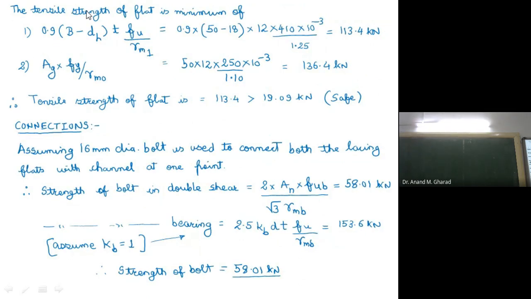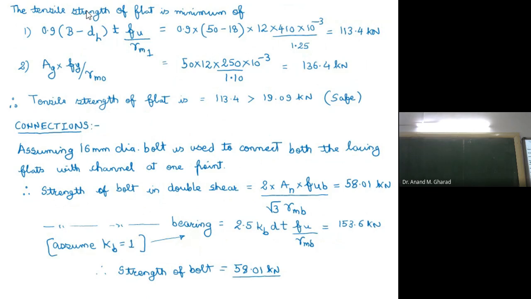Then, as I have told you, this complete system will experience an accordion kind of action, wherein one lacing flat will have compression and at the same time another will have tension. So some or the other member will have compression or tension. There may be a possibility that a member which is carrying a compression force may experience tension at the next loading step.